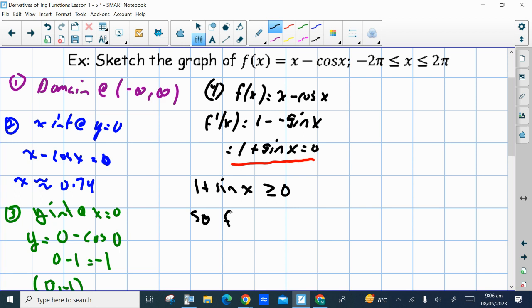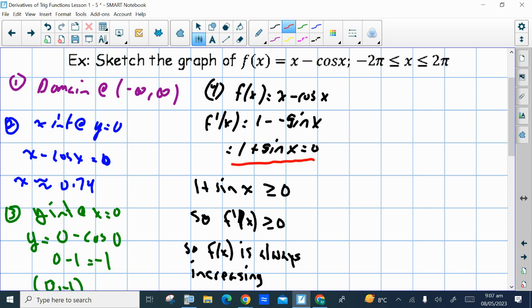So the derivative f prime of x is always greater than or equal to 0. So f of x is always increasing. Okay?